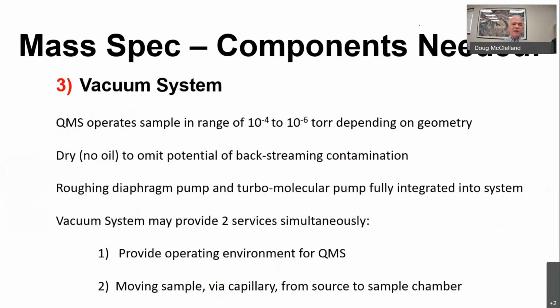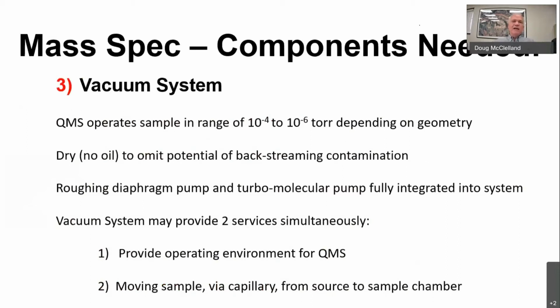The vacuum system, of course, is very important. The mass spec operates in the range of 10 to the minus 4 to 10 to the minus 6 torr. We want this vacuum system to be a dry system, no oil, because we want to prevent the potential of having backstreaming of the oil and contaminants back into our sample measurement. Now, what you saw demonstrated and what's very common is a roughing diaphragm pump supporting a turbomolecular pump into one integrated system.